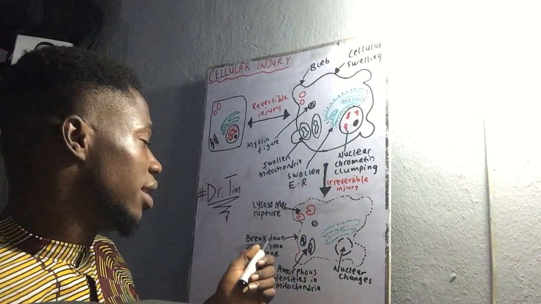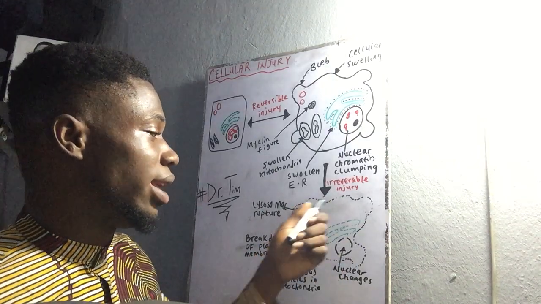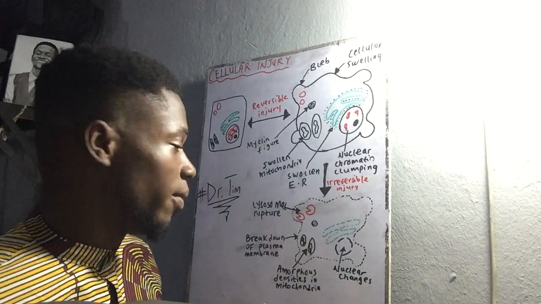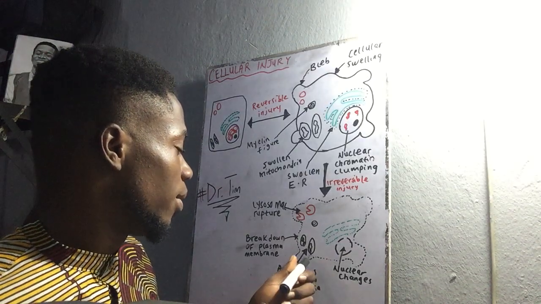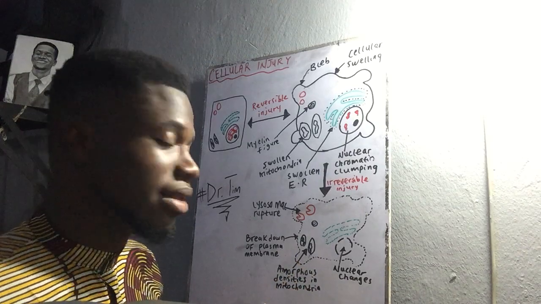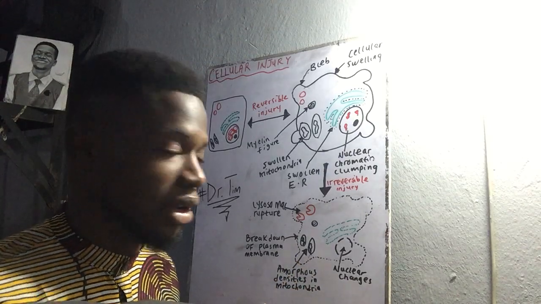So that's the second thing you see: there will be breakdown of the plasma membrane of the cell. That's why I indicated it with dotted lines. Another thing you see is that there will be amorphous densities in the mitochondria, so there will be no oxidative phosphorylation at this point.